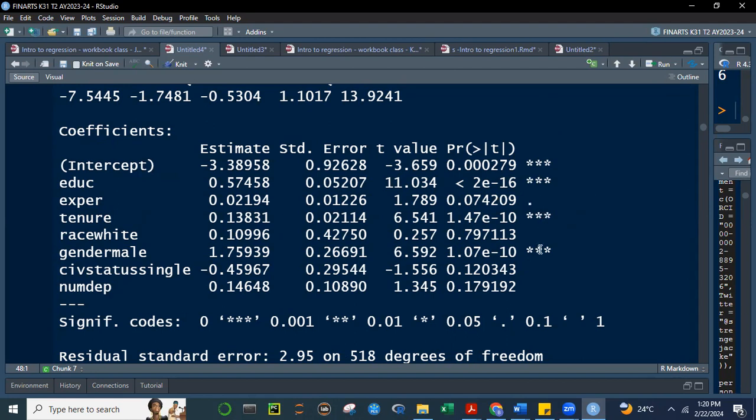Yung mga 3 stars lang dito, which are significant at the 0.1% level, are the only ones that are statistically significant. So we also studied the meaning of the default dummy variables. Itong 1.76 means that on the average, male employees tend to receive $1.76 more than their female counterparts, ceteris paribus, and this is statistically significant.